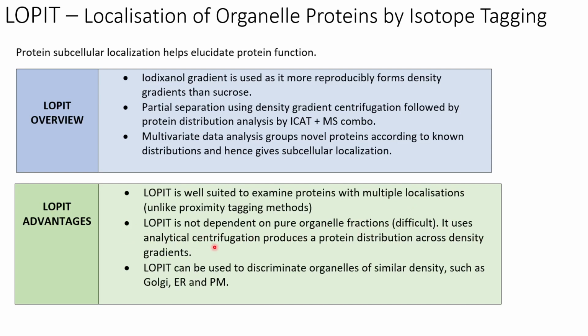It uses analytical centrifugation to produce a protein distribution. And you'll see what I mean in a minute. So this means that LOPIT can be used to discriminate organelles of similar density, because these organelles would be difficult to purify.